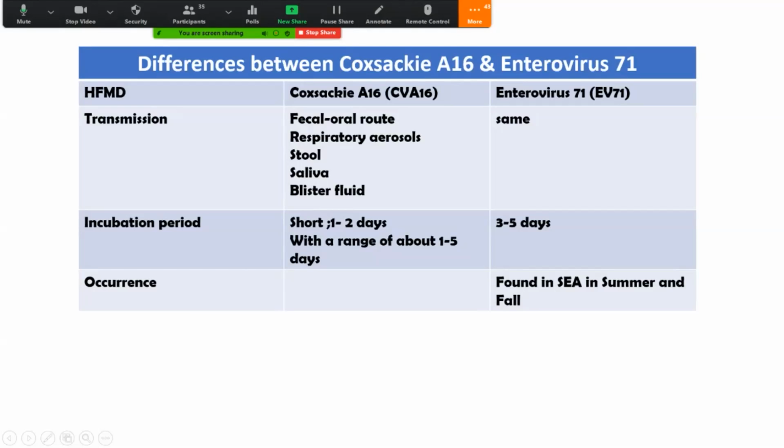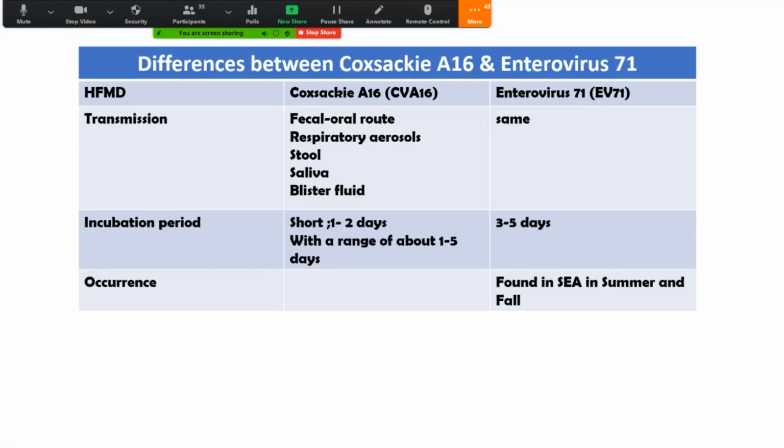The incubation period for the Coxsackie virus is around 1 or 2 days. Some say a range of about 1 to 5 days. Different from enterovirus, the incubation period is around 3 to 4 days.